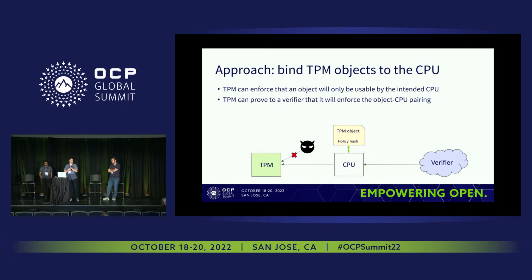So we say we are a specific CPU that holds a specific private key, and the TPM will verify that public key and then put it in the policy hash of the object, and then that can be attestable by a remote verifier. So a remote verifier can say, I'm going to seal some data, and only the person that controls this private key, for which I'm going to put the public key in the policy, can unseal the data.